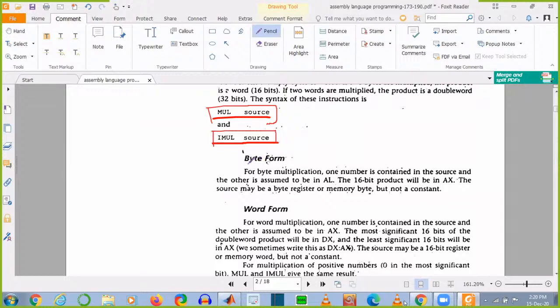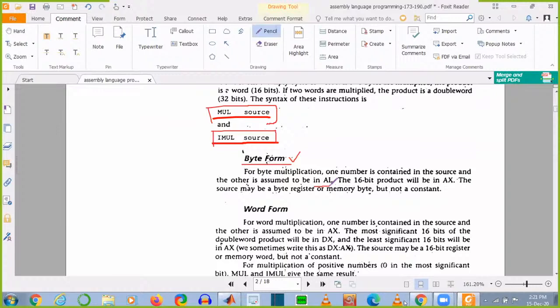Then we talked about the byte form. For byte multiplication, one number is contained in the source and the other is assumed to be in AL. We already talked about it.